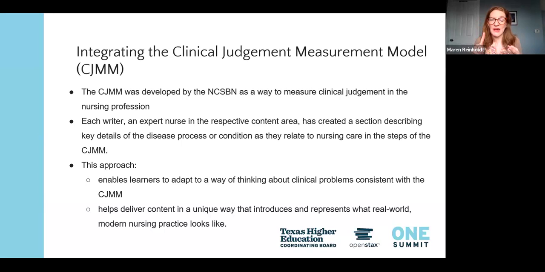We need to make a quick call to the stroke response team, and I need to focus on maintaining patient safety and maintaining the patient's status. How am I going to do those things? Take action, right? Notify the stroke emergency team, or whatever it happens to be at the institution that you're working at.